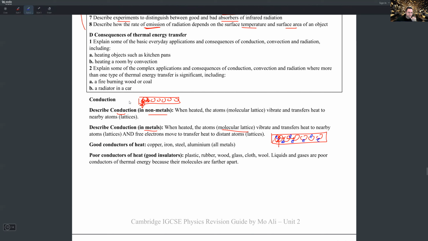Electrons. We call them free moving or delocalized electrons. They're also heated. But since electrons are free moving, they don't only collide with nearby atoms. They can also collide with far away atoms, not only the nearby ones. Okay?